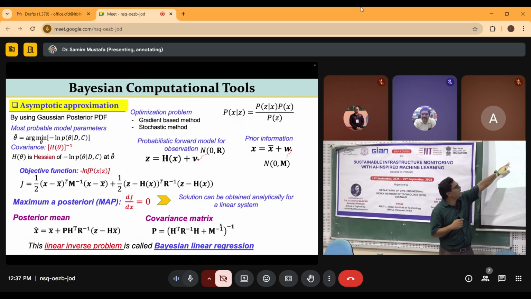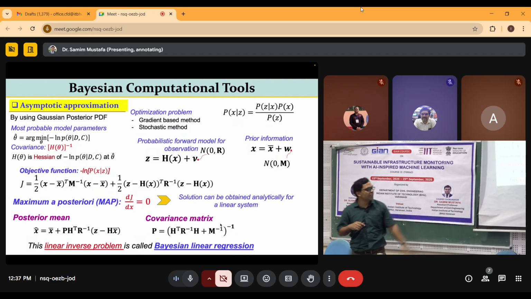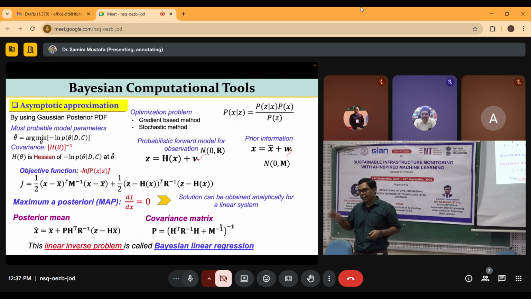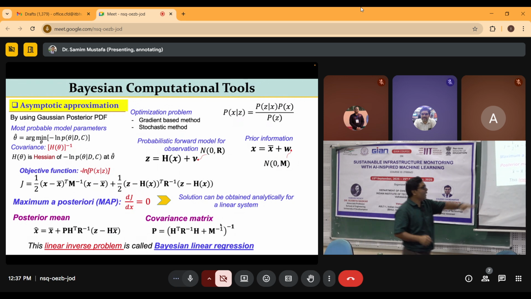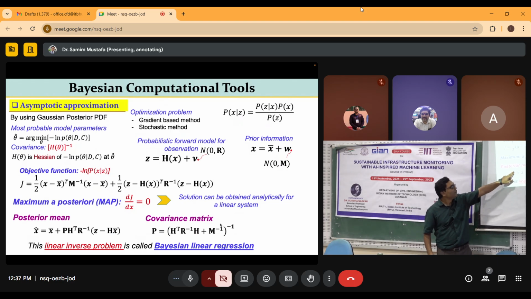You have to maximize the posterior or minimize the objective function, either way, because this is the negative logarithm of the posterior PDF, so you have to minimize. So you have to do dJ by dx equals 0. It is a simple optimization problem: if we have to minimize or maximize a function, then the partial derivative will be equal to 0. If you do that, you will have a solution for x.